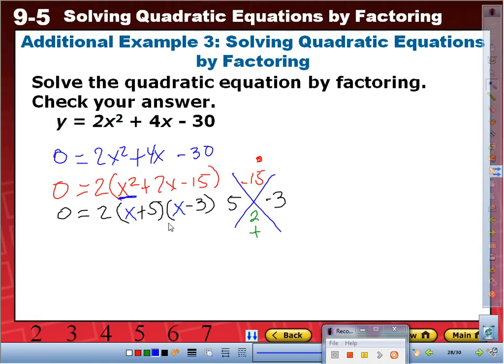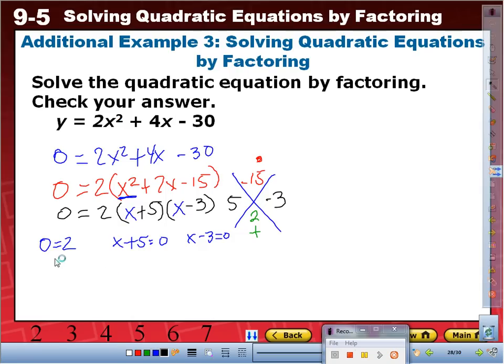So how many factors do you see here? 3. Is that correct? 2, x plus 5, and x minus 3. So I'm going to set each one equal to 0. 0 equals 2, x plus 5 equal to 0, and x minus 3 equal to 0. Is that correct? Yes. That was the step, wasn't it?